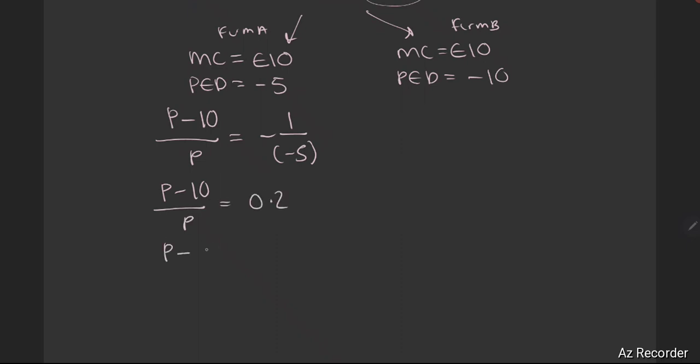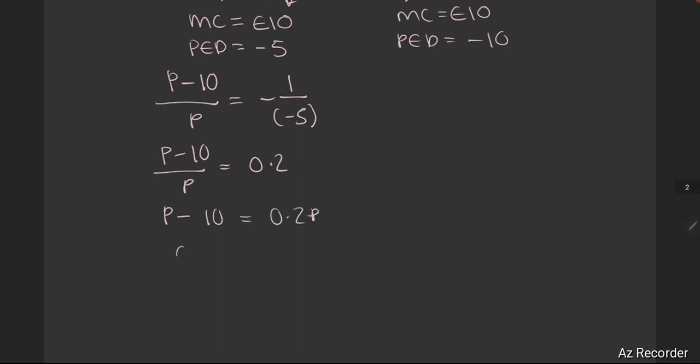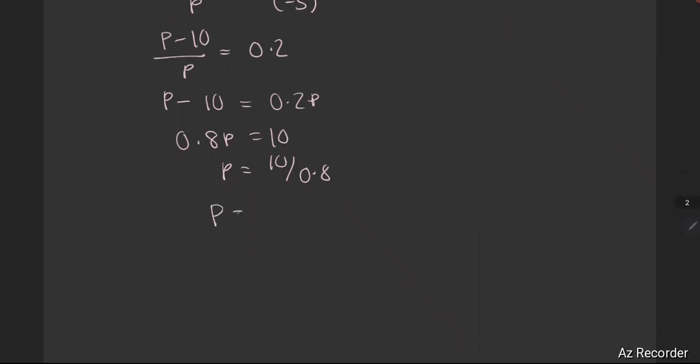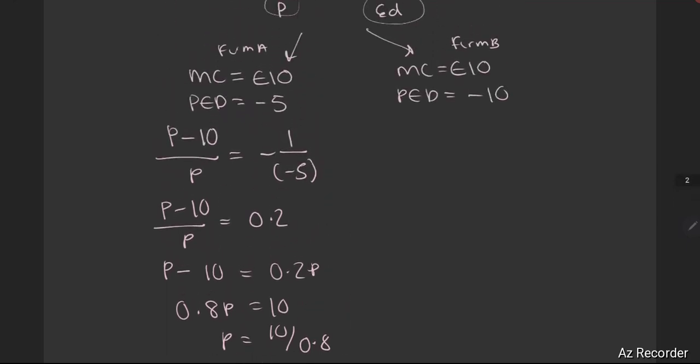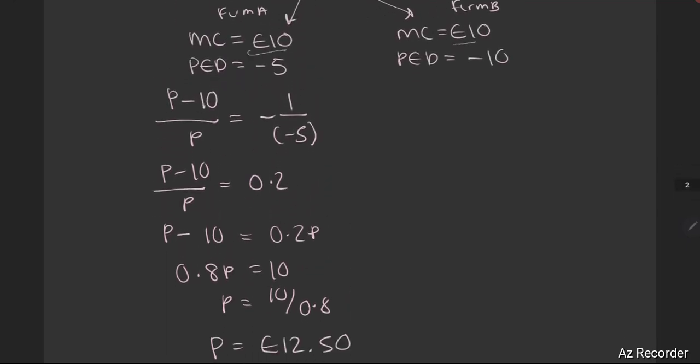So price minus 10 is equal to 0.2p, 0.8p is equal to 10, p is equal to 10 over 0.8. If I just put this into the calculator, you get 12.5. So the price is equal to £12.50, or dollars, whatever currency we're working in here, pounds here.